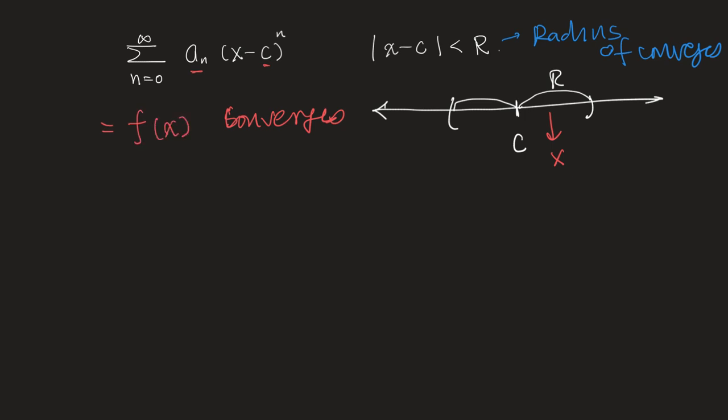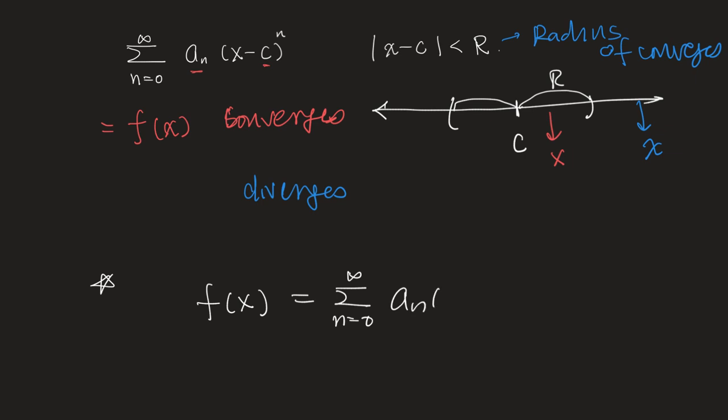But if the x value is outside, the series is going to diverge, so we cannot define this value. The very important idea here is f of x. We define this function where the series converges, which means x should be inside the radius of convergence.